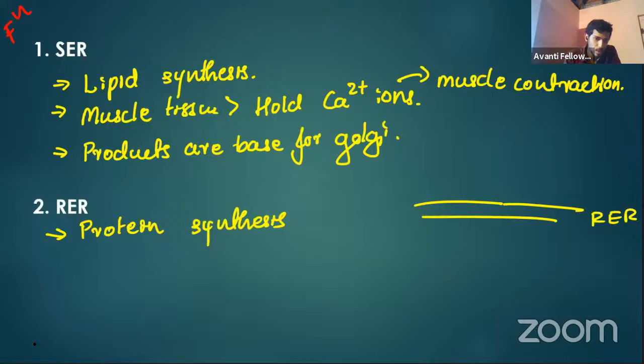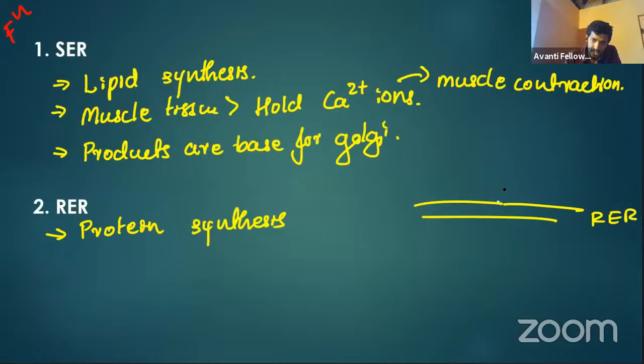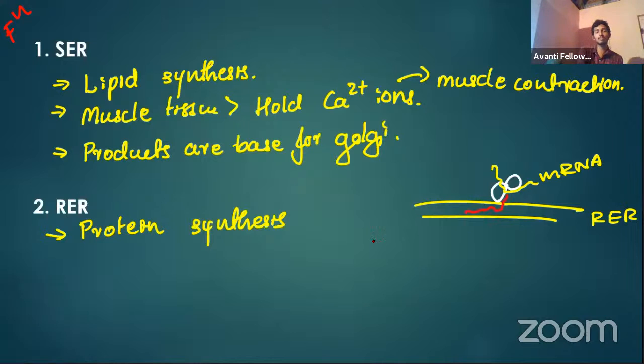Here our ribosomes will be attached, and the ribosome will take this mRNA and transfer it into protein. I will take a red color for the protein. This protein will start to be embedded within the rough endoplasmic reticulum tubule.